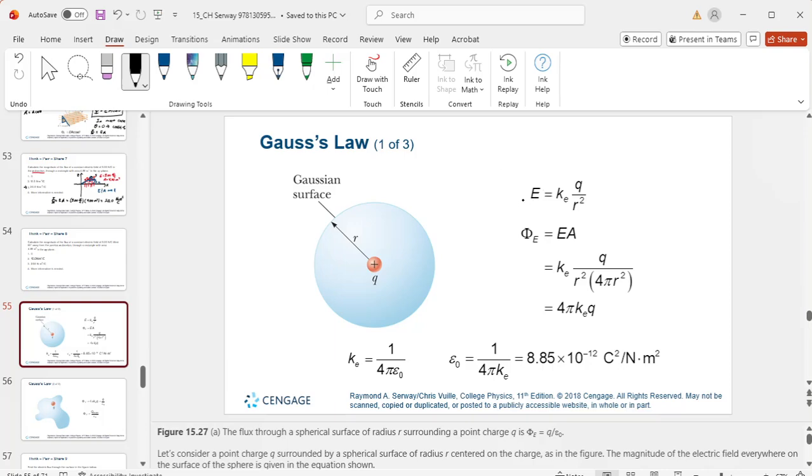So remember that the electric field of a point charge is k_e q over r squared. If this is a positive charge, let's draw these field lines, I will have electric field like this.